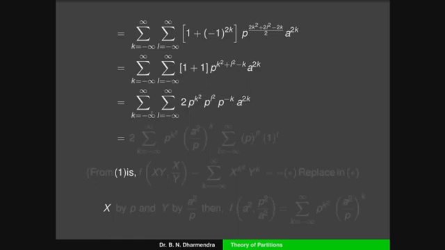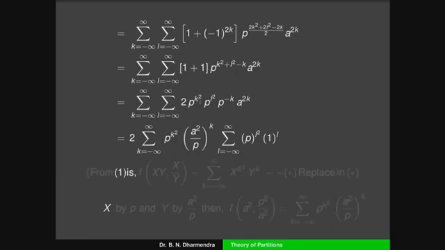That is equal to summation k running from minus infinity to plus infinity. The second series is l running from minus infinity to plus infinity, 2 times p to the power of k square, p to the power of l square, p to the power of minus k into a to the power of 2k. You can separate the k and l terms: take the 2 outside the series, 2 times summation k running from minus infinity to plus infinity.